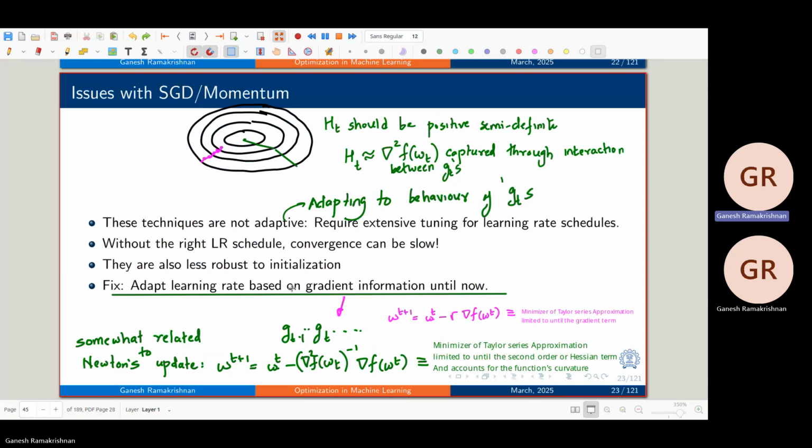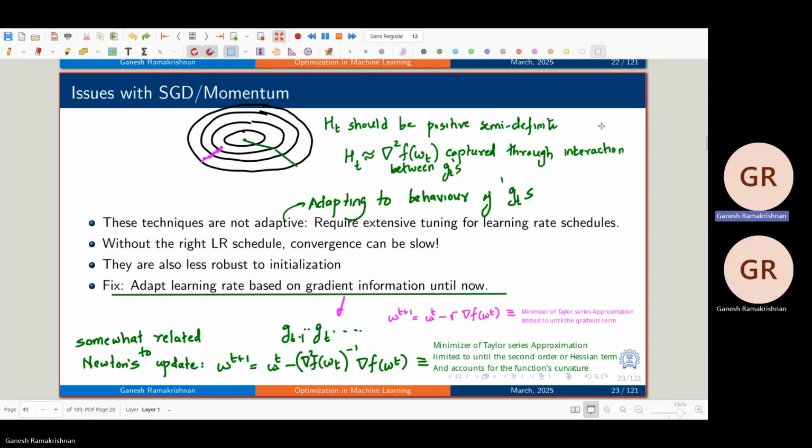So I'm going to take a small detour, which says, okay, why Newton's rate? Because you're looking at the Taylor series approximation of the function. The gradient descent was based on first order approximation. We'll turn to Newton's, which looked at the second order approximation, and take inspiration from there. Okay. And Newton's method actually looks at what we call the Hessian matrix.